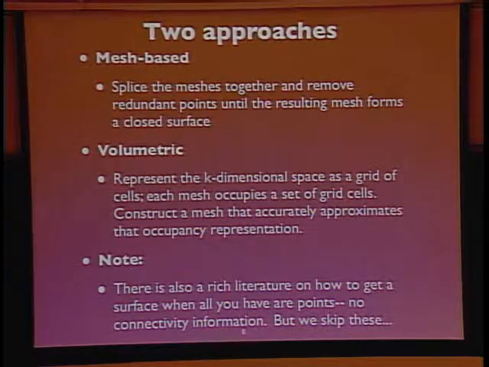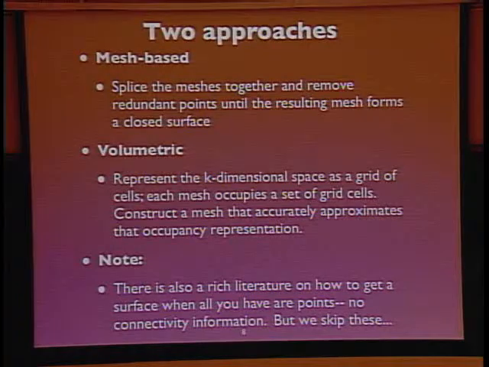So we'll talk about both of these in more detail. One thing that I'm not going to talk about is the slightly different problem of what to do when you have just a set of points with no connectivity information. It turns out that most practical real-world 3D sensors give you connectivity information from the scanner.